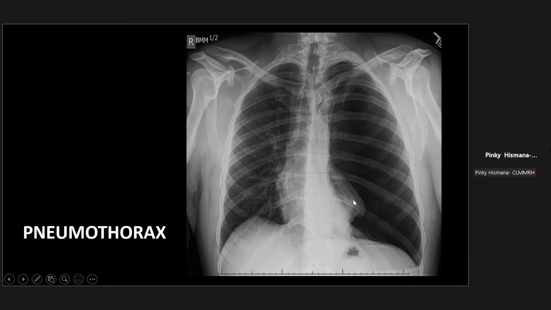That means the lung is collapsed and the pleural space is almost filled with air. That's why it's hyperlucent. So this is a case of a massive pneumothorax with passive atelectasis, or passive collapse, of the left lung.